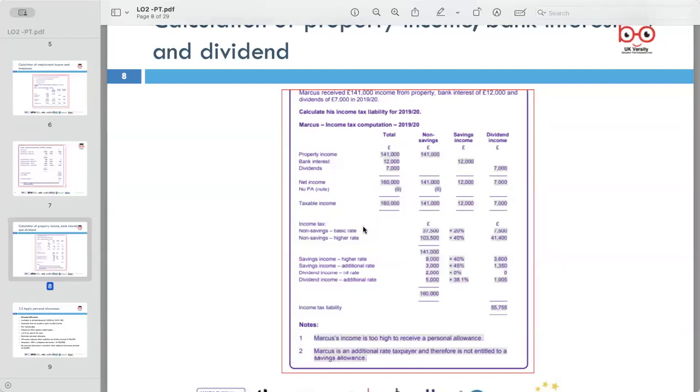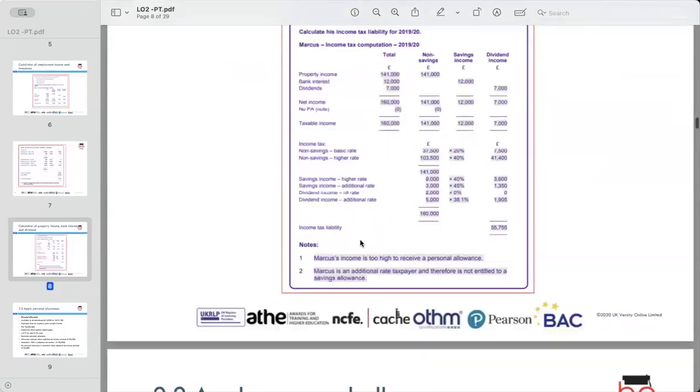For non-savings income, which includes property income, Marcus pays tax at the basic rate on the first portion of his income, which is 37,500, and then at the higher rate on the remainder.